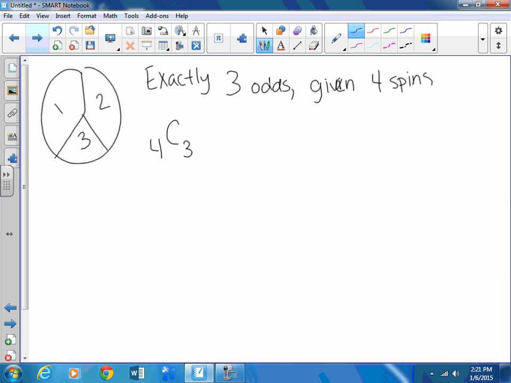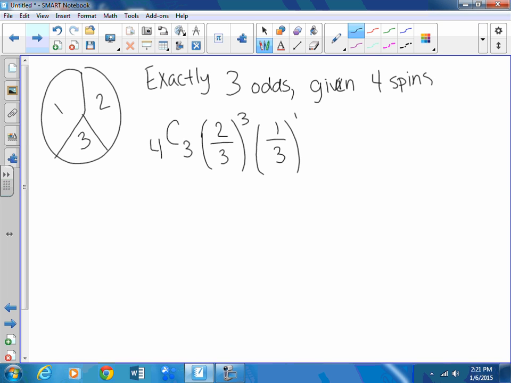Okay, now if I have 3 odds, well, what's the probability of getting an odd? That's 2/3. And I want that to happen 3 times in each of those different combinations. So it's going to be 2/3 to the third power. And if I've got 3 odds and 4 spins, that means I'm going to have 1 even left over.